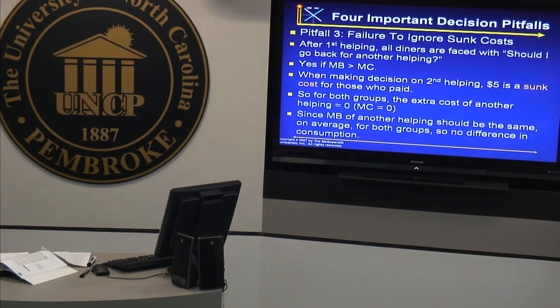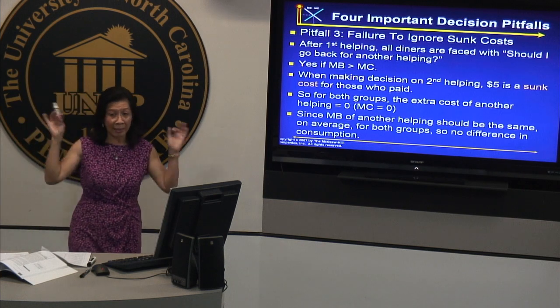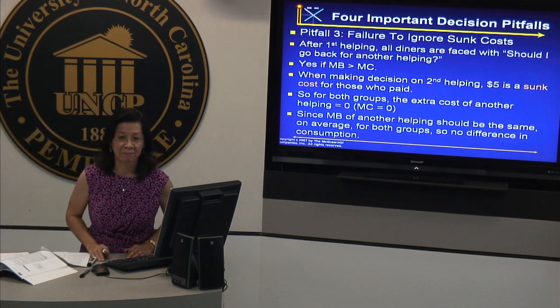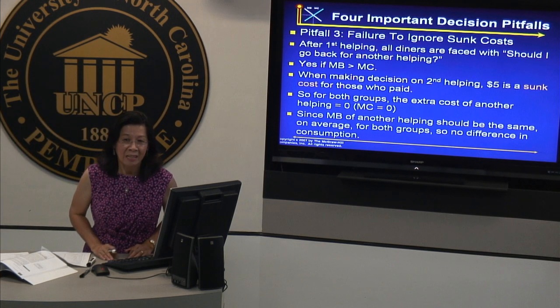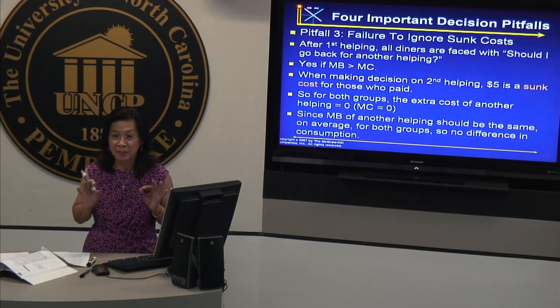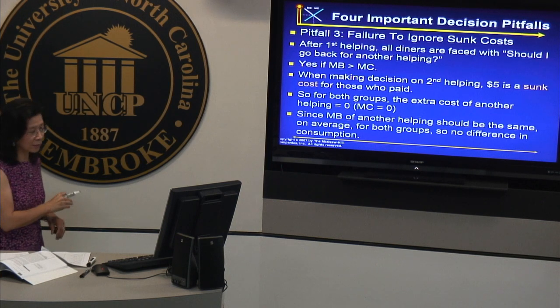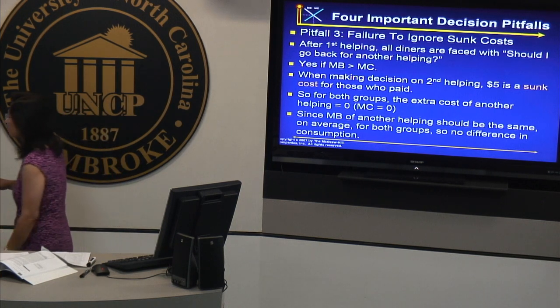So when making a decision on the second helping, $5 is considered a sunk cost. And this is a back door you can slip out, but we're not assuming that. Once you get in, you either have to pay upfront or they lock the back door so no one can slip out. So when you finish eating, you have to pay that $5.